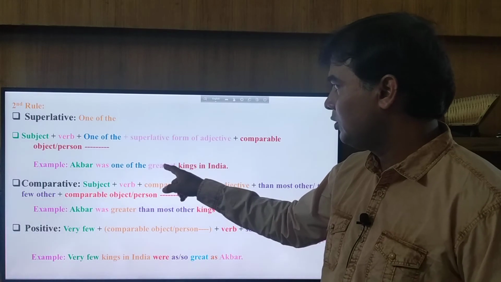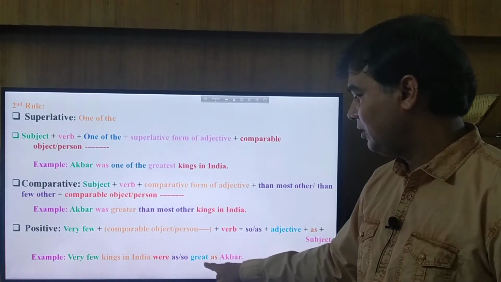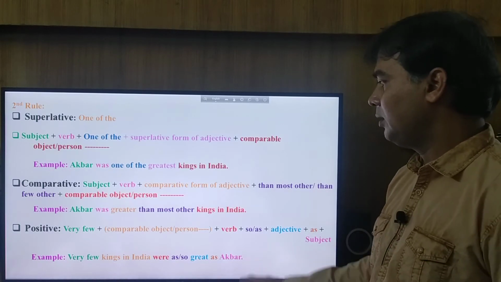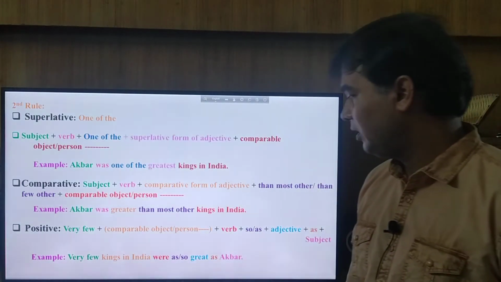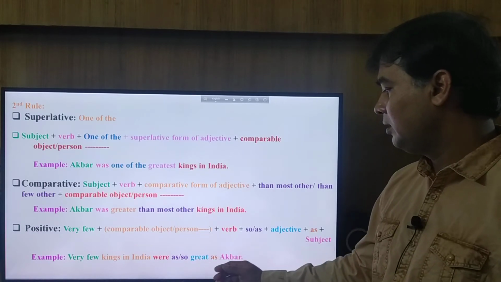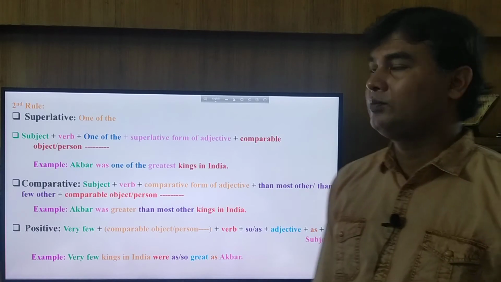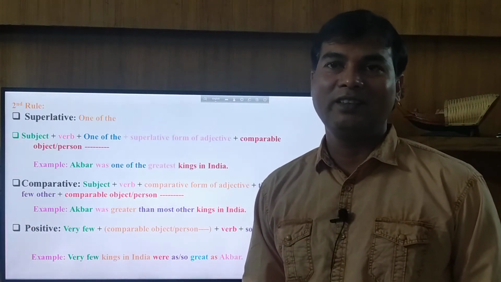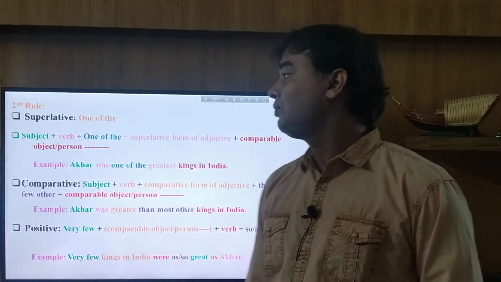Greatest here is the superlative form, greater is the comparative form, great is the positive form. Then as, and then subject, Akbar. So we can say very few kings in India were so great as Akbar or as great as Akbar. I think this is very simple and you have understood it very well.